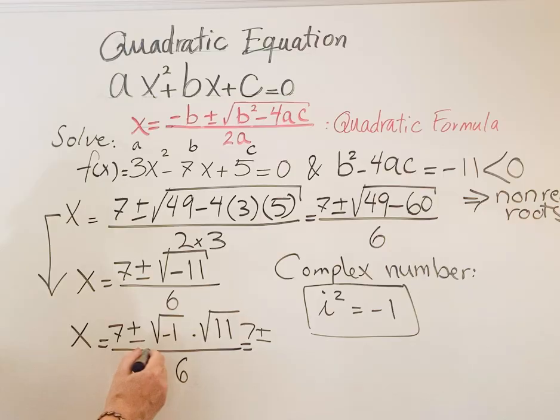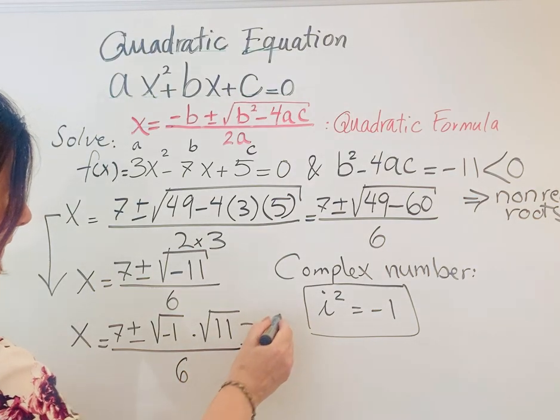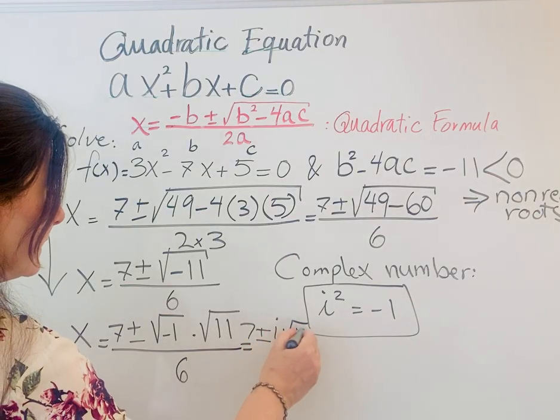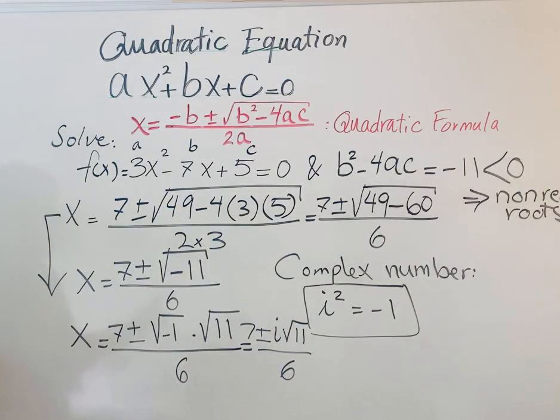Radical 1 gets out and gets i. Yes? i radical 11 over 6. It means that we have two complex roots.